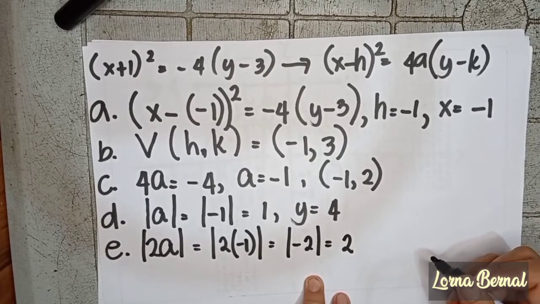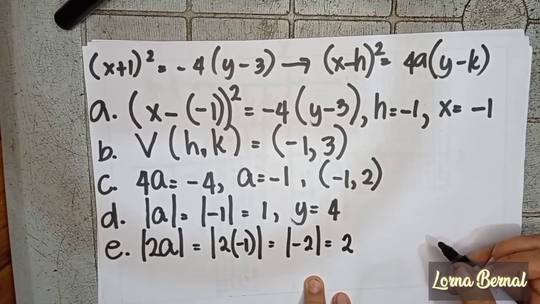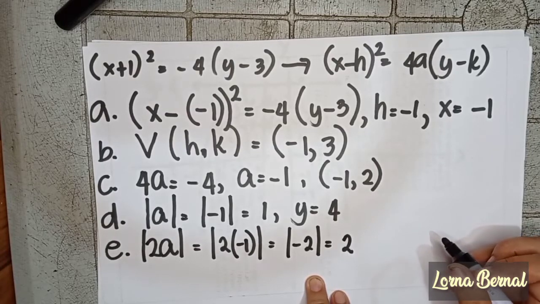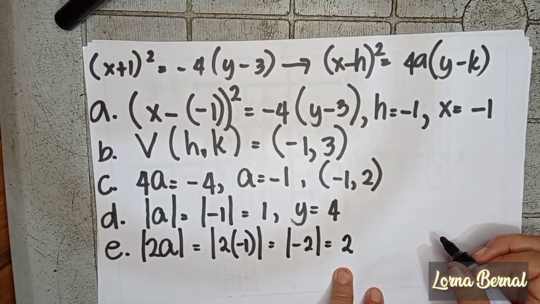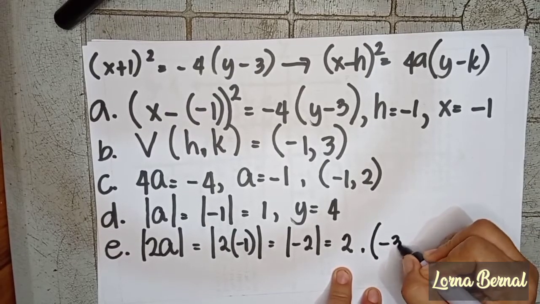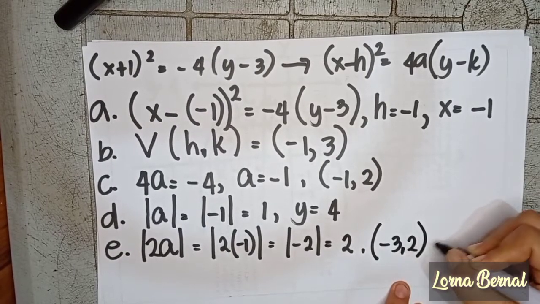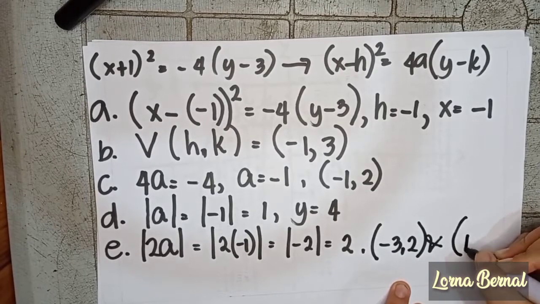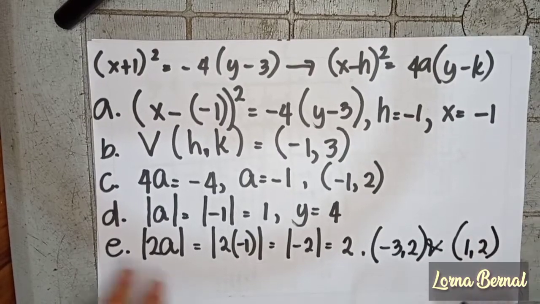Meaning we have 2 units to the right and to the left of the focus. The endpoints of the focal width are (−3, 2) and (1, 2).